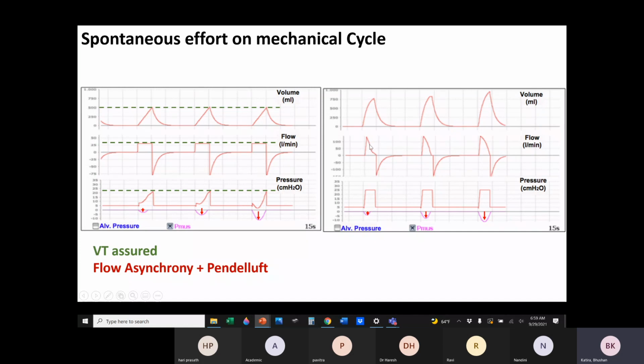But the flow, which was less here, will become better, in the sense the peak inspiratory flow will not change too much, but the flow will stay much broader. It will not drop out very fast. There will not be a zero flow condition, and the tidal volume will keep increasing. The reason is that A, there is a pressure from the ventilator, and B, there is a pressure from the patient.